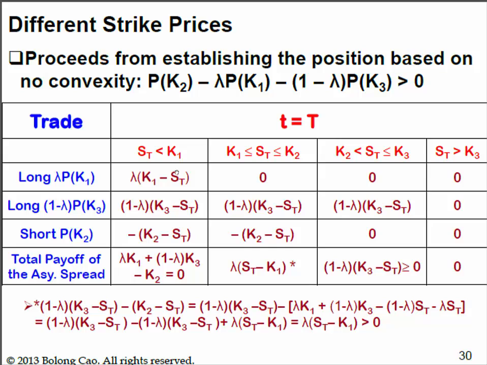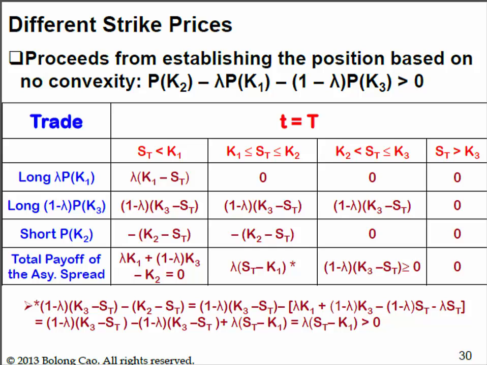And what do we have? We basically have long puts. Long puts, we receive the strike and deliver the underlying. So from the long high strike put and the long low strike put, we delivered in total 1 unit of the underlying stock. For the short put with middle strike K2, we actually have to pay K2 and receive the underlying.